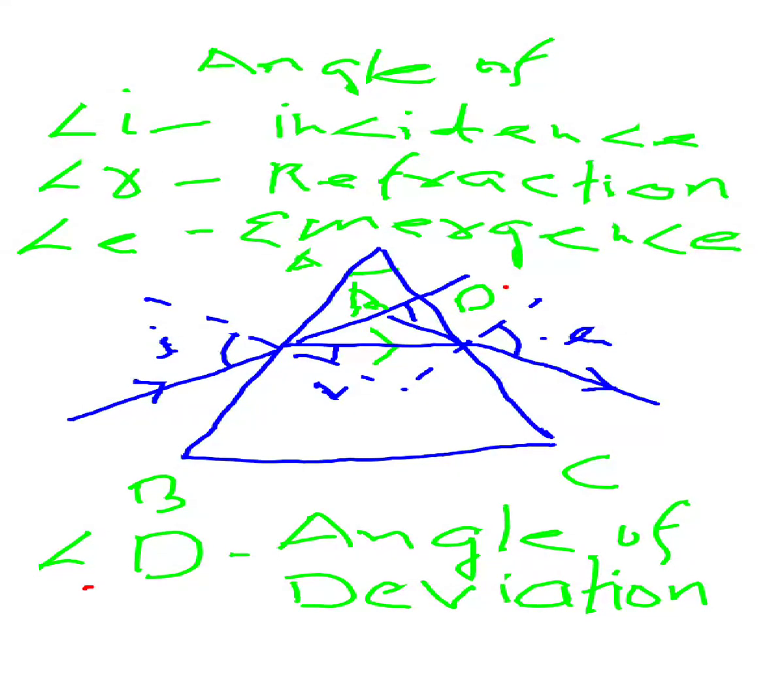What is I? What is R? R is the inside ray. Angle R is formed by the refracted ray and the perpendicular to surface AB. Similarly we draw a perpendicular to surface AC, and then there is the emergent ray with angle E, made with the perpendicular to that surface. Getting it?